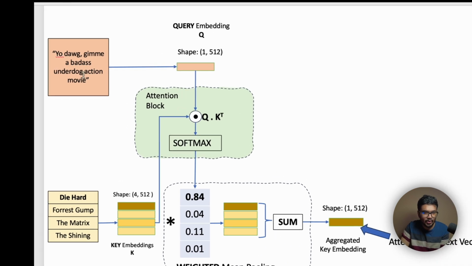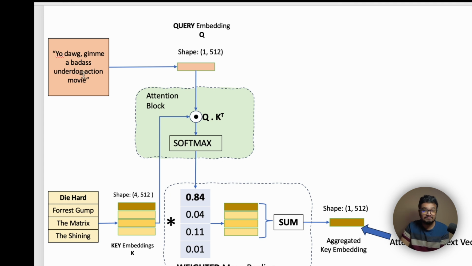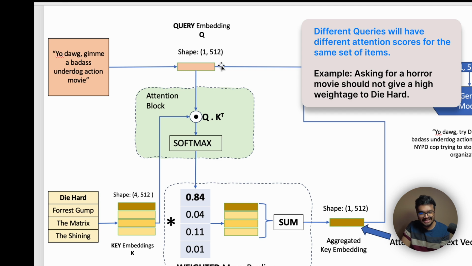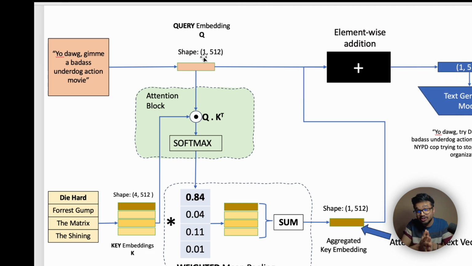If you change the query to something else, like give me a badass horror movie, then this final embedding will have a higher score for The Shining and lower scores for all of the rest. And often we will also be adding the query embeddings to this context vector again to form a new contextual embedding, which basically uses both this key aggregate as well as the original query embedding to form a sort of contextual query vector.